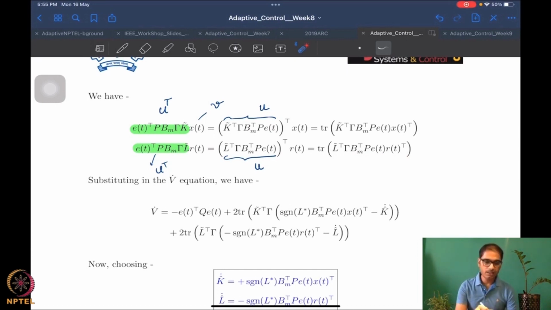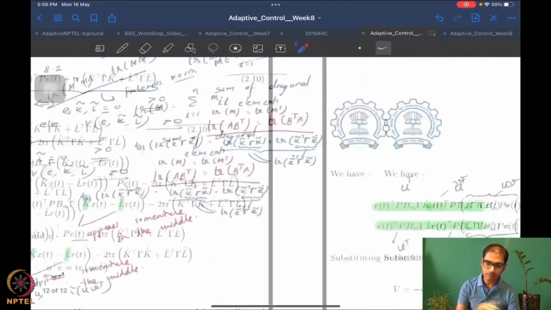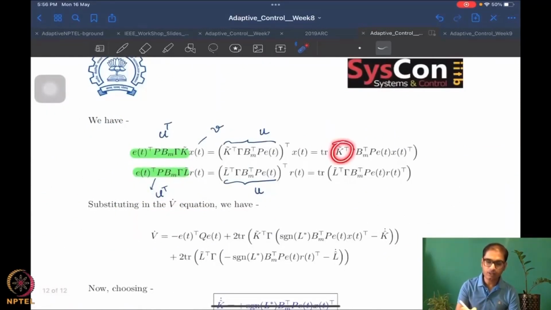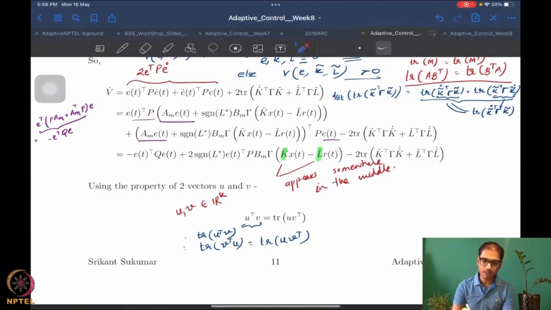So what does this do? Notice in this expression, K tilde is somewhere in between, of no use to us. But in this new expression, K tilde is all the way to the left and a trace appears. Why do we need the trace? Because the comparison term in K tilde is within the trace. So I need the trace function to appear here, and I also want the K tilde somewhere on the left.